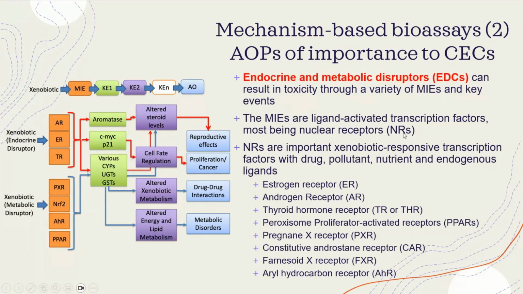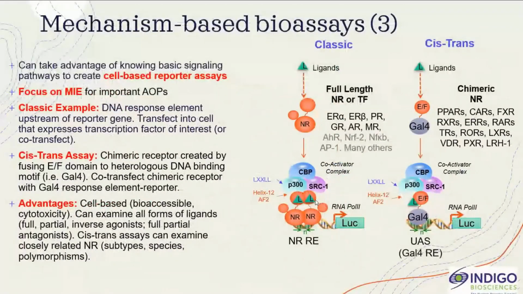And again, these are a variety of different types of molecules. We tend to focus on nuclear receptors. That is our forte. And again, very important for this adverse outcome pathway. And I'll be going through some of these assays in a little bit.